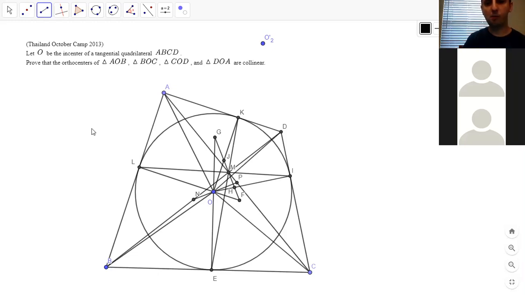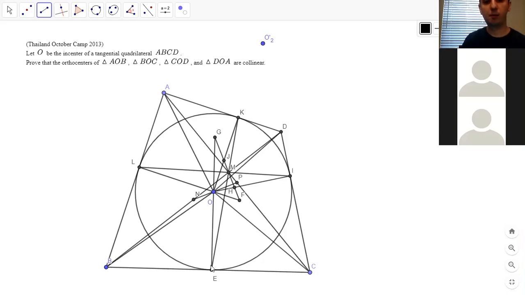So call X and Y the orthocenters of OAB and OAC. Okay. Yeah, prove that the line XY, and call P the midpoint of AC, so prove OP is perpendicular to that line, and I think that will prove the problem.